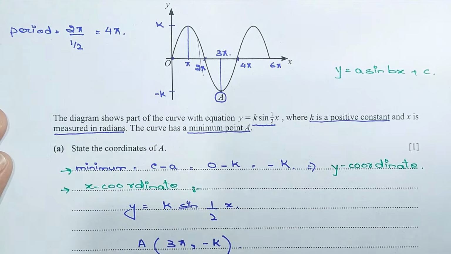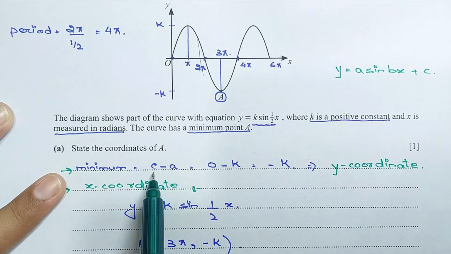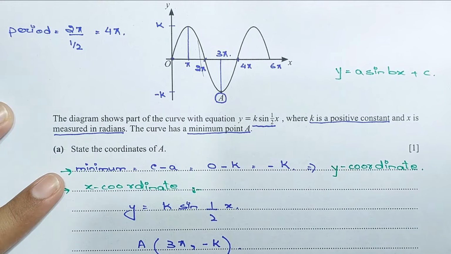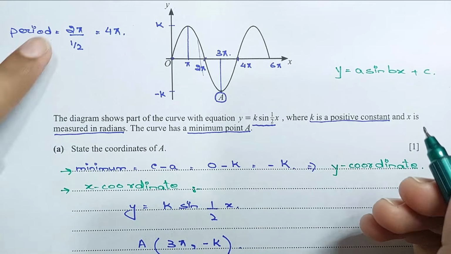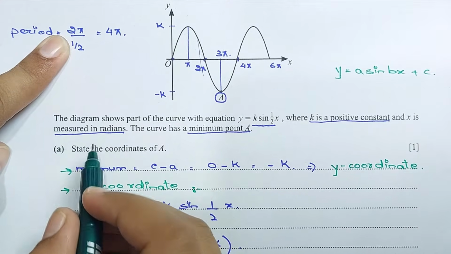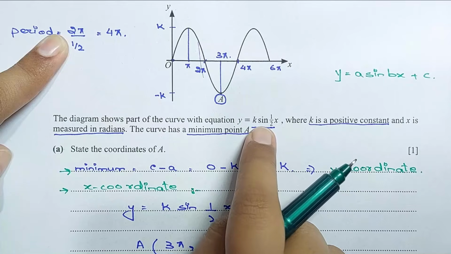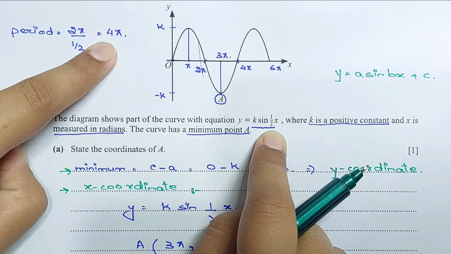As we know, for the y coordinate of the minimum point, you take minus the amplitude. All right. And to get the x coordinate, you can easily use the formula for the period, since x is measured in radians. The formula for the period of the sine function is 2 pi over the coefficient of x.